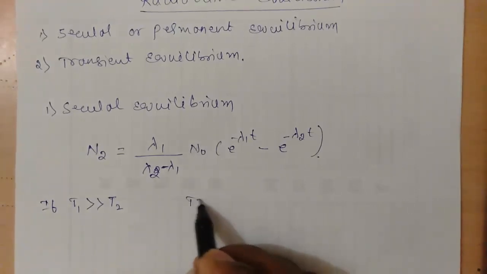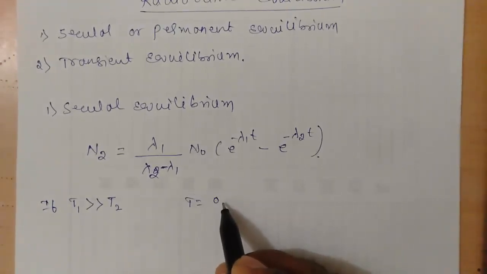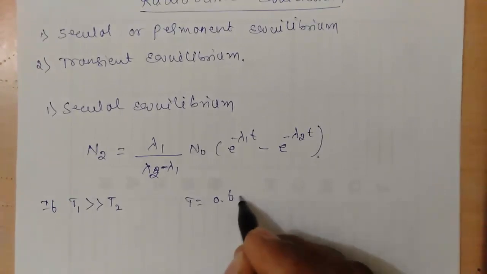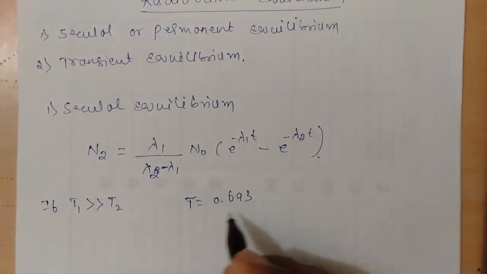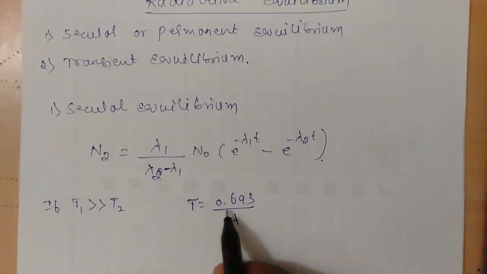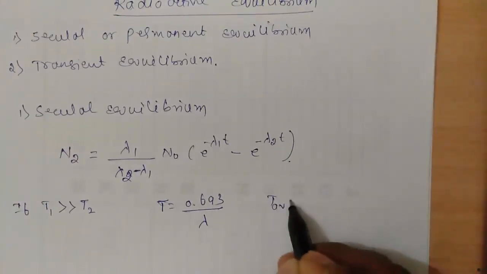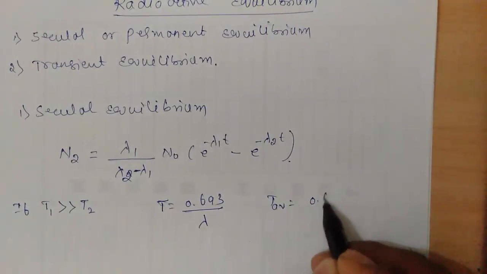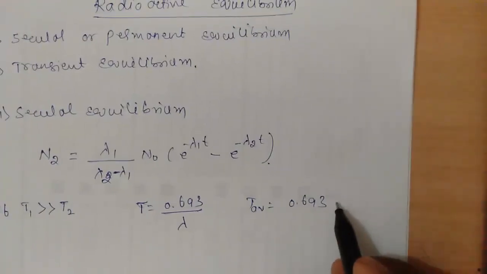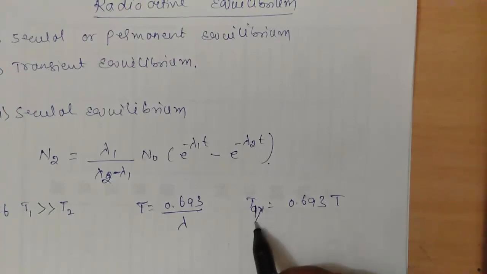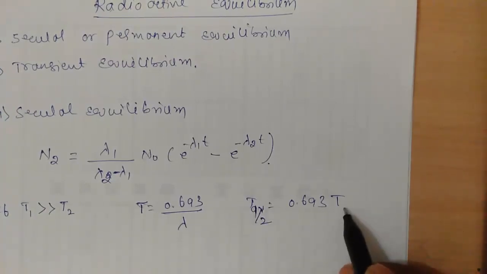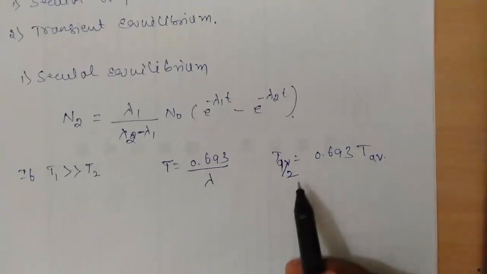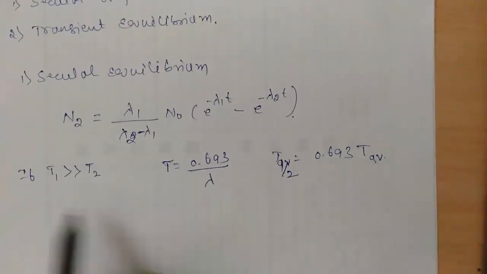We also know the relation between half-life and mean life: half-life T half is equal to 0.693 divided by lambda, and the average or mean life is 1 by lambda, so T half is 0.693 into T average. Now we can see that these two are directly proportional.